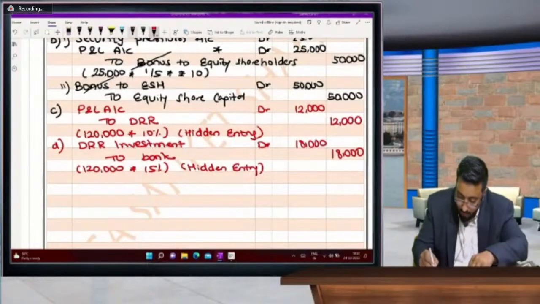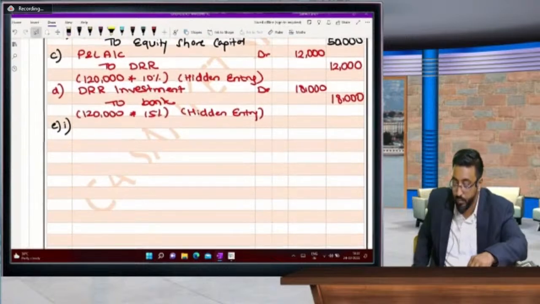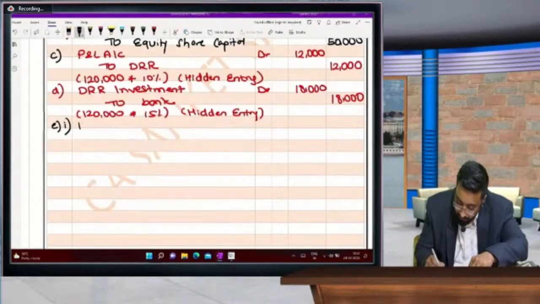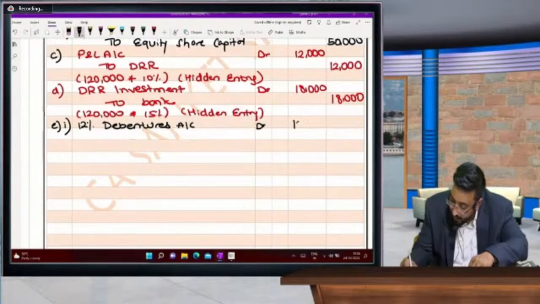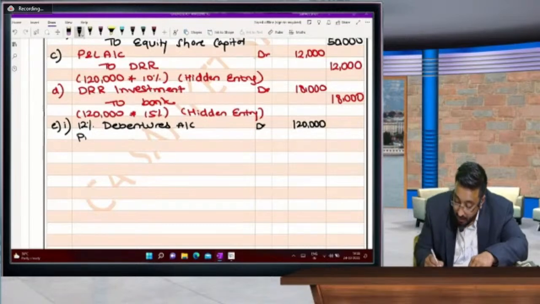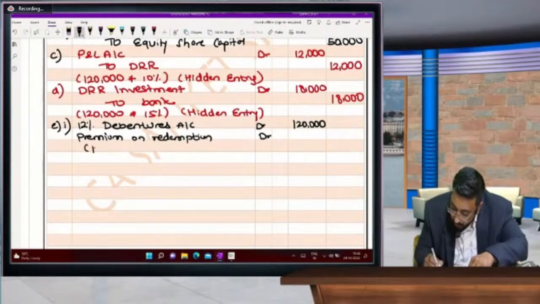E, normal pen. Roman 1. Yes, tell me percentage debentures, 12%. 12% debentures account debit, 1,20,000. But you are paying excess 3% premium on redemption, debit. How is it calculated? 1,20,000 into 3%.